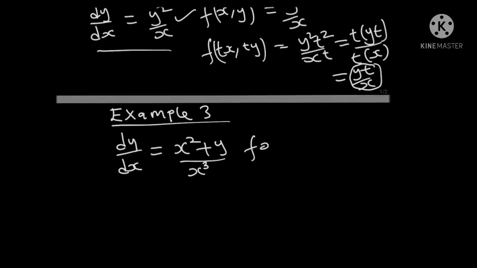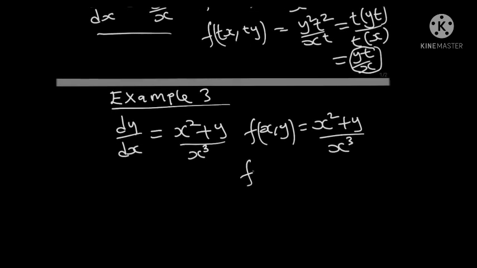Our f of x, y equals x squared plus y over x cubed. Our f of tx, ty is x squared t squared plus yt over x cubed t cubed.